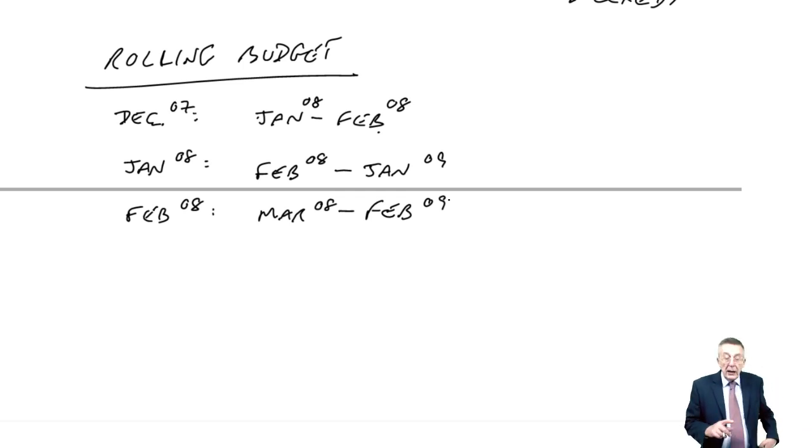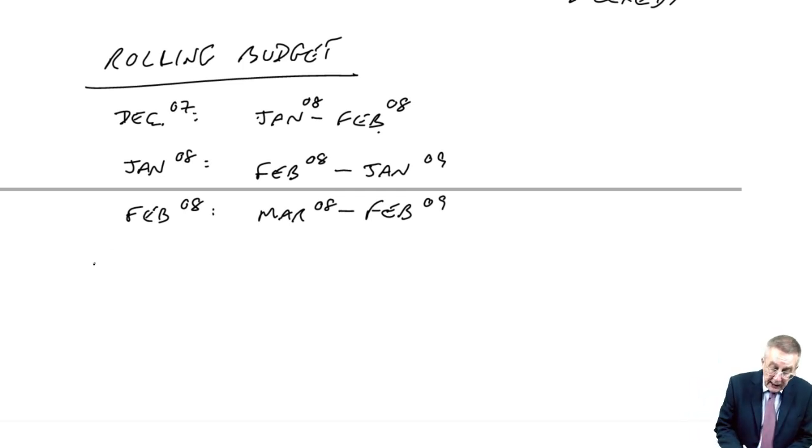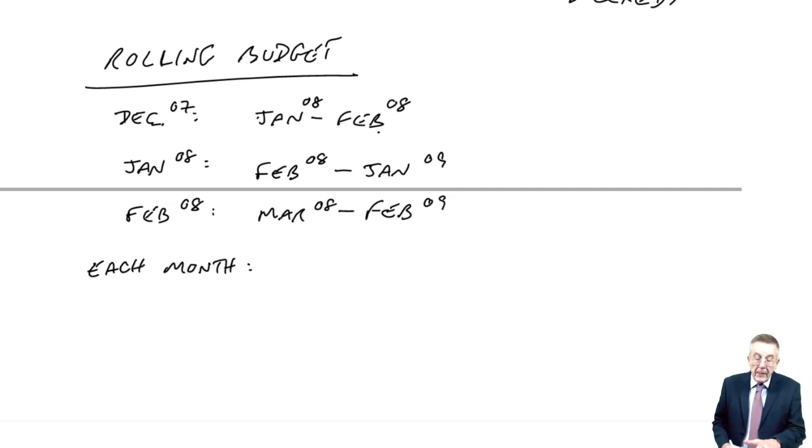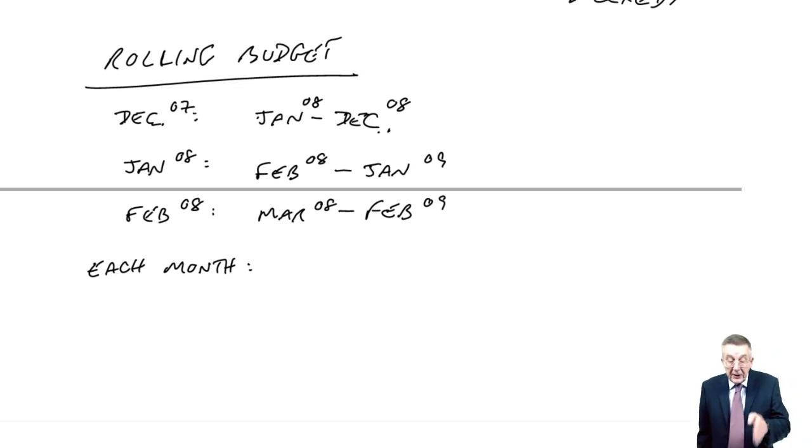Now that sounds awful, although I do appreciate what you're doing each month. Sorry, I should have said: December 07, we do the following 12 months, January to December 08.